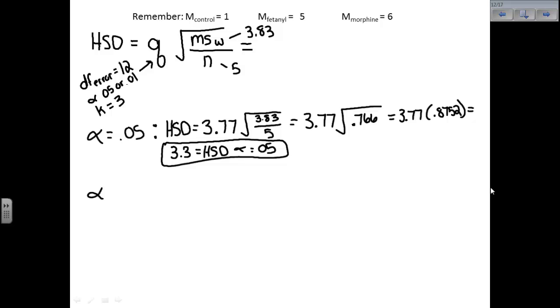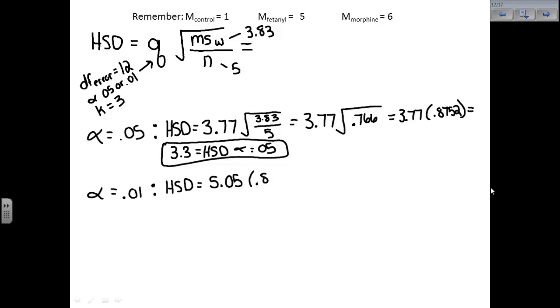Let's figure it out for alpha of 0.01. Remember, Q was equal to 5.05. So Tukey's HSD, 5.05. And we already know that the square root of the mean squared within divided by n is equal to 0.8752.